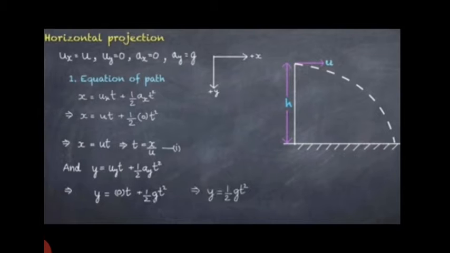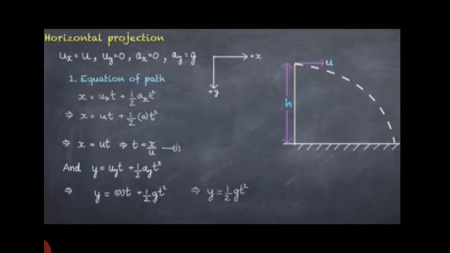Then the path of the projectile: motion along the horizontal direction. The horizontal distance travelled by the projectile at a point B after a time t can be written as s is equal to u x t plus half a of x t square.